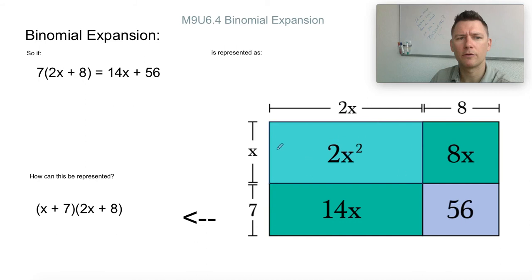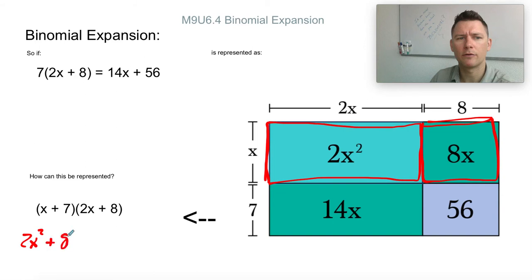Well, there's 4 pieces. There's this piece, the x and this 2x area, right? That's this piece. So you have 2x squared when you multiply those. And I also have this piece that's x tall and 8 wide, so 8x, so I'm going to add that area in there.